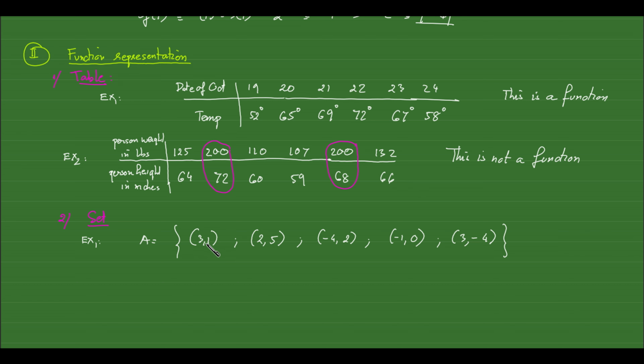All of these are input and output. Let's see if it assigns a unique output or if one input assigns two different outputs. Oh, look at this. When you have 3, it assigns 1. You have 3, it also assigns -4. So one input gives you two different outputs. That is not good. This is not a function.